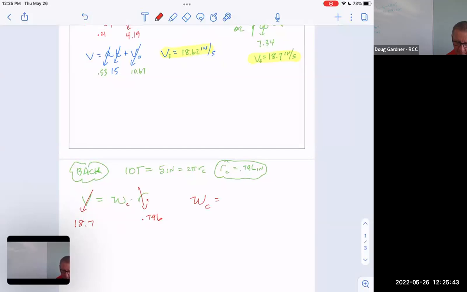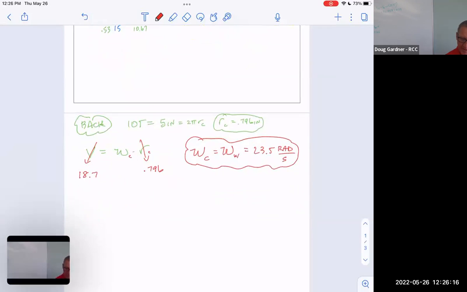Then I know the angular velocity of the rear cog, which means I also know the angular velocity of the wheel. What is 18.7 divided by 0.796? That bumps up to 23.5. So I now know how fast the rear wheel is spinning.